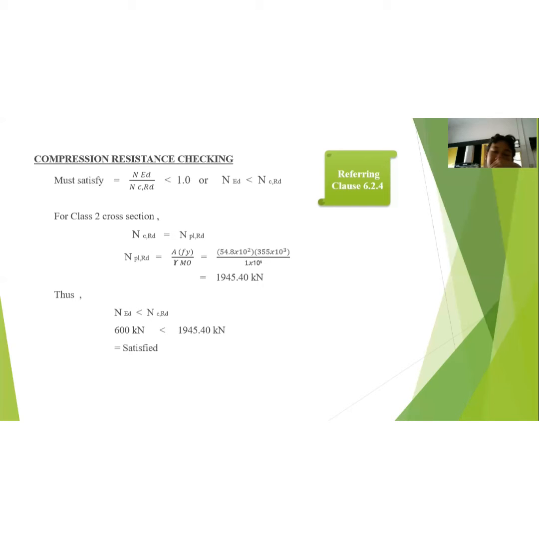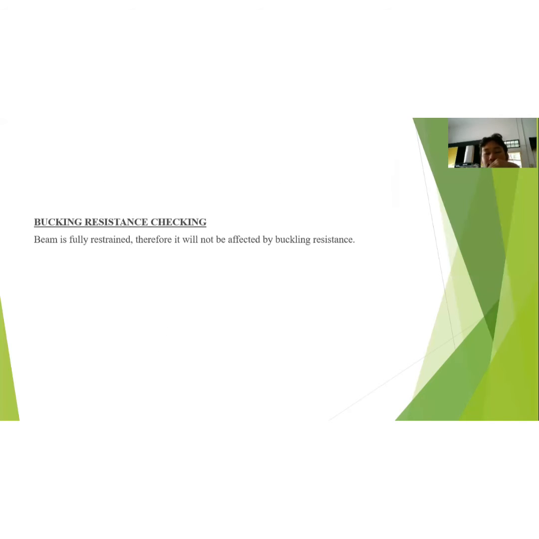Thus, the NED is smaller than NCRD, that is 600 kilonewton smaller than 1945.40 kilonewton. So the calculation is satisfied.